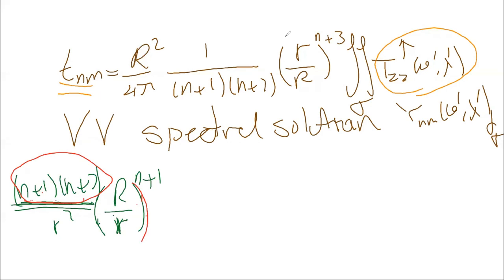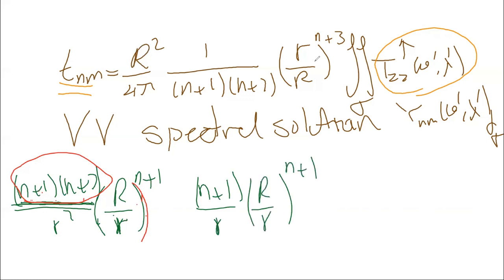So let me compare this one with the simple first order derivative, which is this one. And as you see here, it's pretty clear that the second order derivative has a more powerful coefficient behind this damping factor than this on the right hand side.